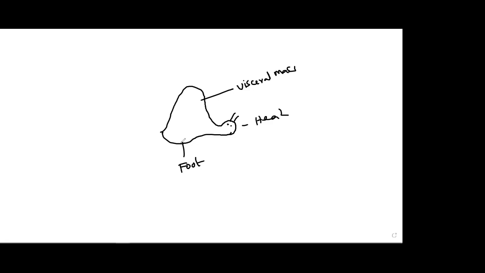The muscular foot helps in locomotion. Anteriorly, we can find a head with sensory structures like eyes and tentacles. And this visceral mass is covered by a spongy layer of skin called mantle.